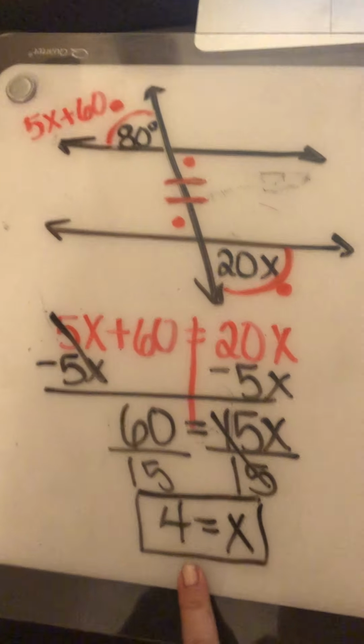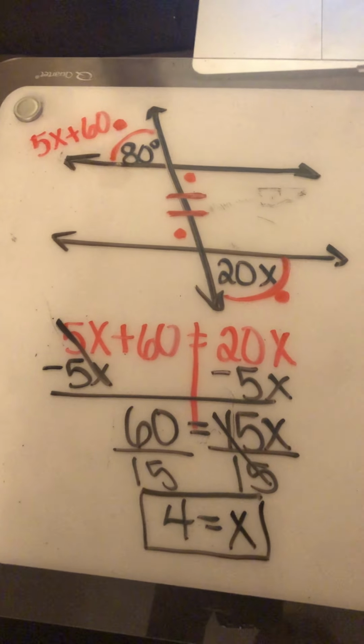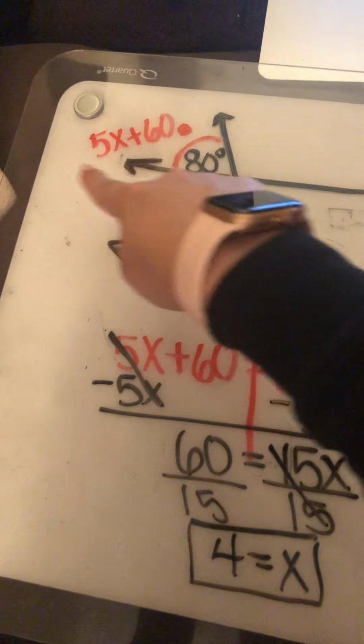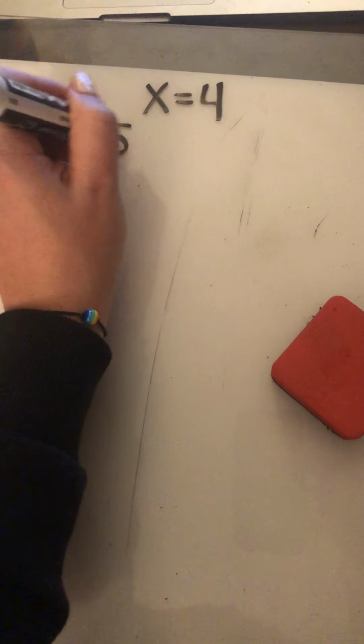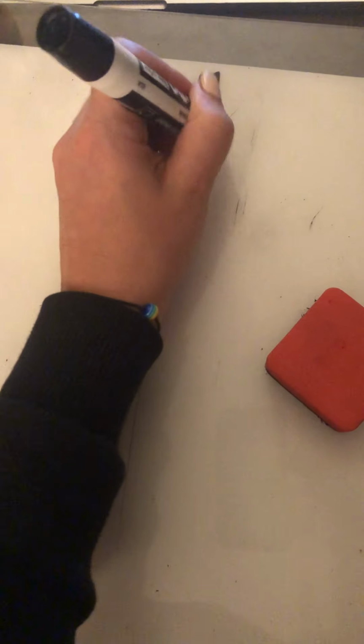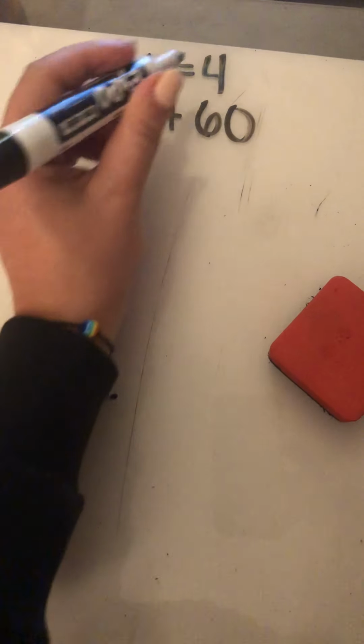Okay, so now that's the first part. We solve for x. Second part, they're going to say, solve for this angle measure. So we take that angle measure. I know that x equals 4, and the angle measure was 5x plus 60. So instead of writing x, I'm going to plug in 4.